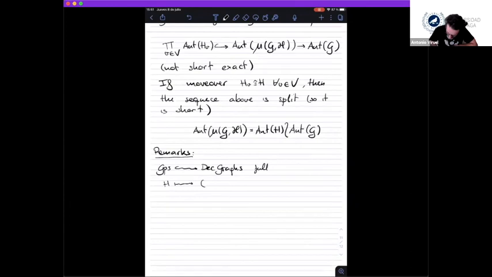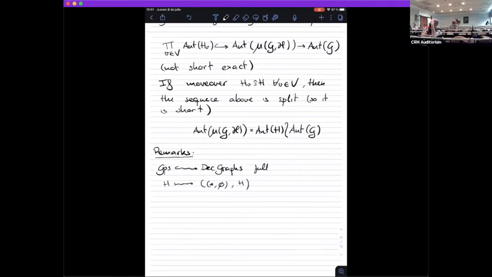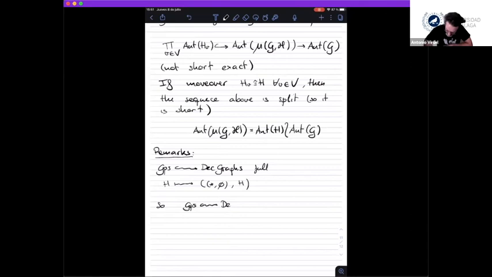It maps to the graph with one vertex, no edges, and H, right? So that makes this inside full. So we get groups inside decorated graphs. And then this thing, to partial groups.